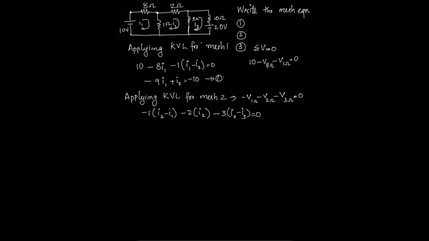If we check the mesh equation, when we consider mesh 1, we always write it as I1 minus I2. When we consider mesh 2, we wrote everything as I2 minus I1 and I2 minus I3. Why? Because when we consider that mesh, we are considering I2 to be positive.